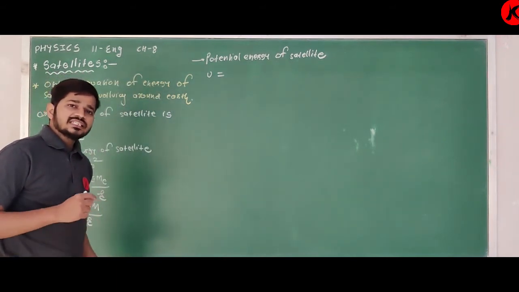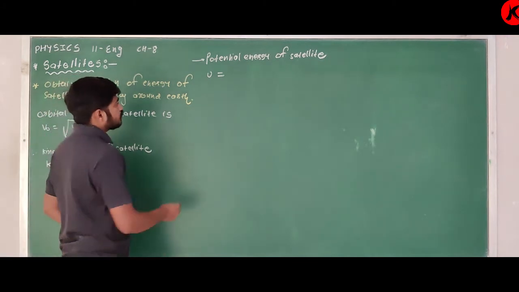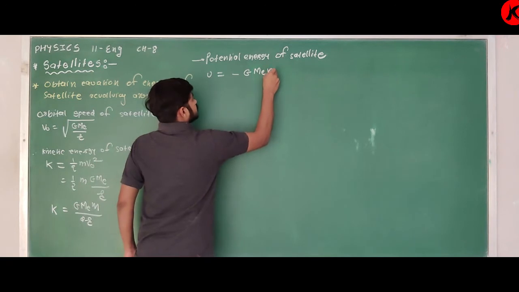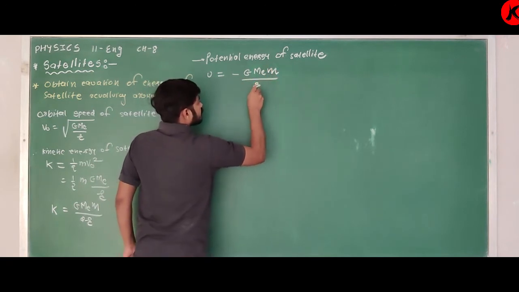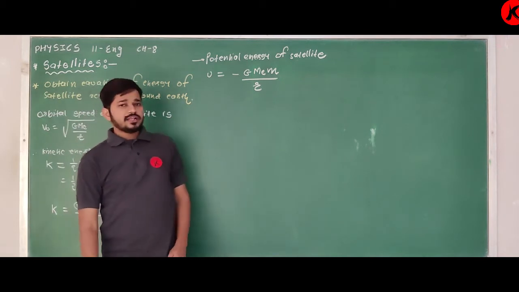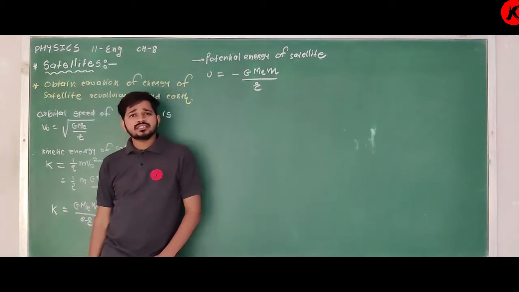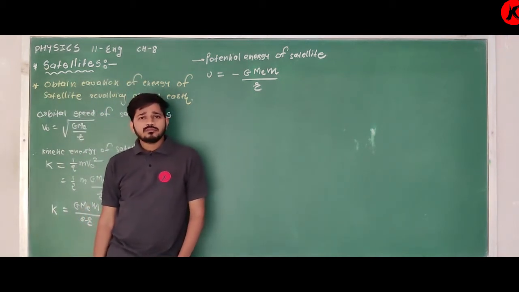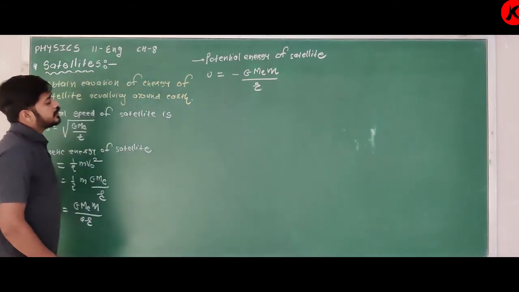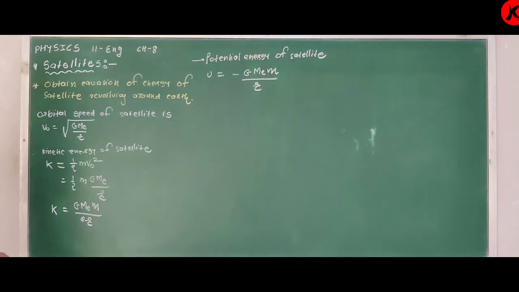Then what is equation of potential energy? Minus G Me m upon r. Remember theory of potential energy? U is equal to minus G m1 m2 upon r. Simple. So U is equal to minus G Me m upon r. So it is kinetic energy, it is potential energy.